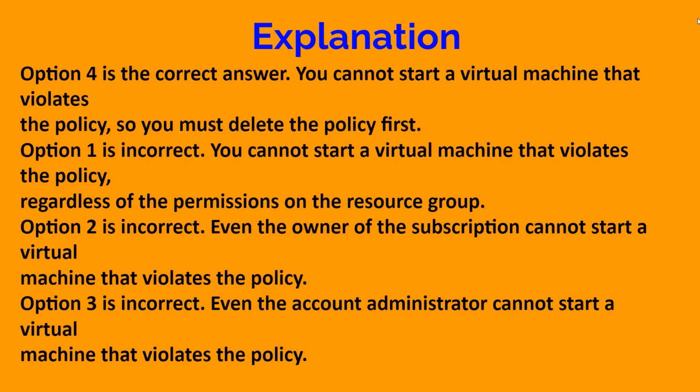Option 1 is incorrect. You cannot start a virtual machine that violates the policy, regardless of the permissions on the resource group. Option 2 is incorrect. Even the owner of the subscription cannot start a virtual machine that violates the policy. Option 3 is incorrect. Even the account administrator cannot start a virtual machine that violates the policy.